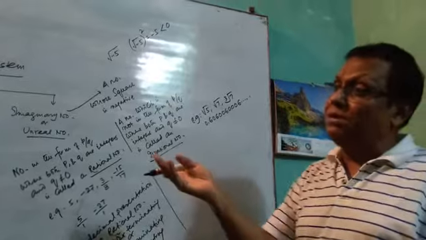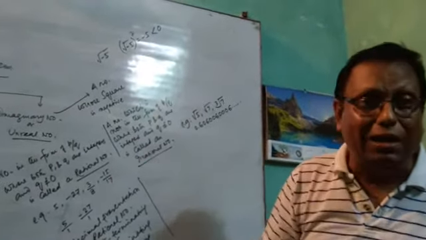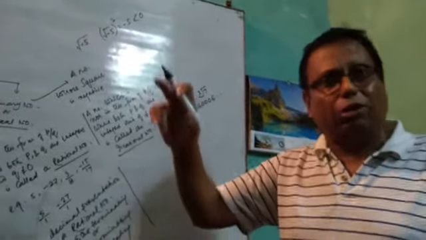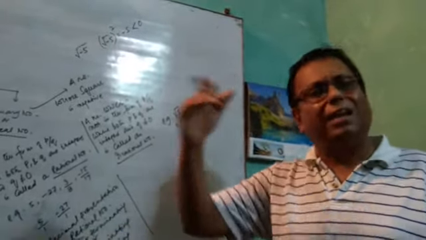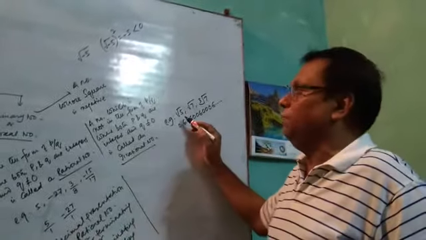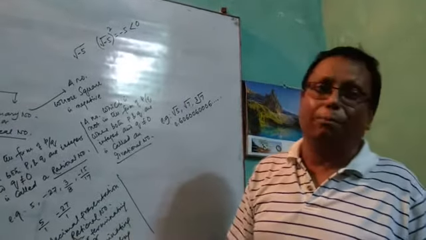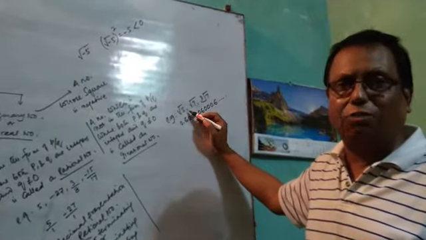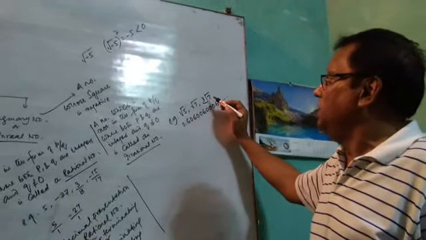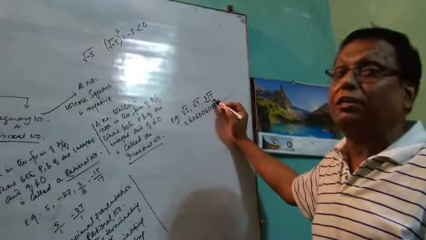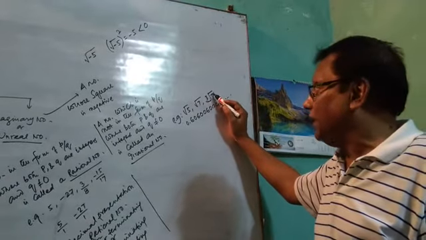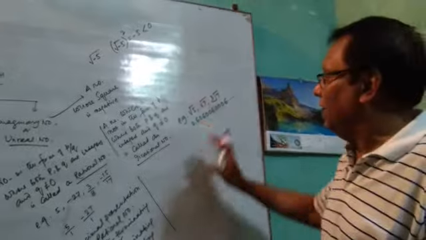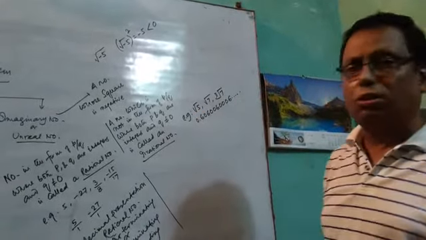So if a number cannot be taken out completely from the square root sign or cube root sign or fourth root sign or nth root sign, then that will be an irrational number. 7 you cannot take out because 7 is not a perfect square, neither is 7 a perfect cube. So you cannot take out 7 out of this cube root radical, and hence these are examples of irrational numbers.